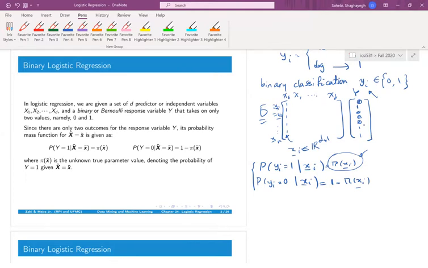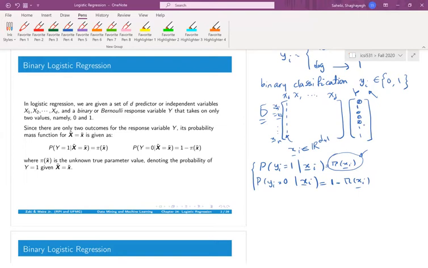After you find this yi out of linear regression, you have to decide if 0.45 means a 0 label or a 1 label, and if 1.2 means a 0 label or a 1 label. That makes things a little bit difficult because it's going to be very ad hoc. So that's why we are looking at these probability mass functions, the probability that yi is equal to 1, and that is going to be way more interpretable and easier.